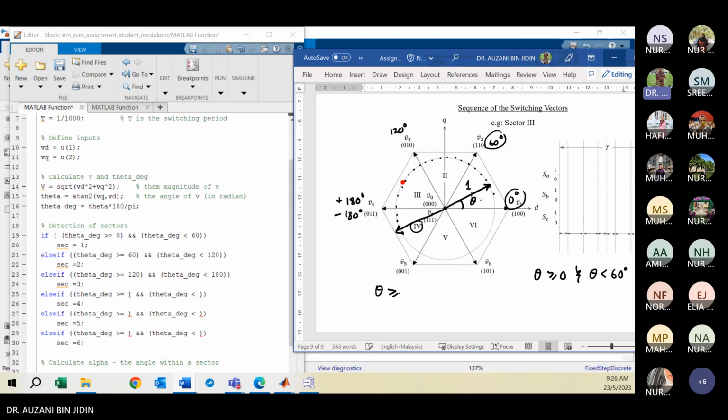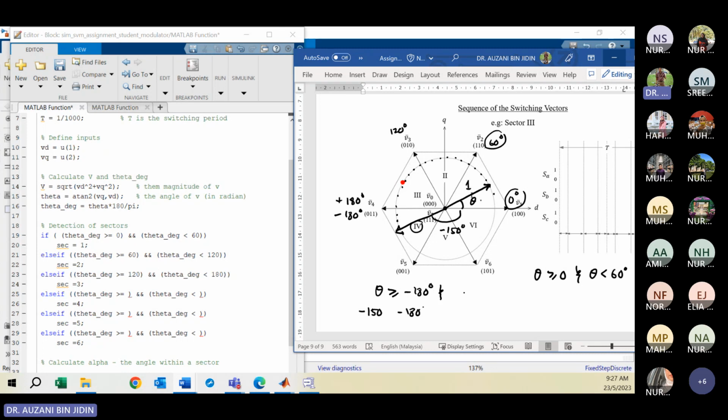Larger than, kan, minus 180 degrees. Which one will be larger, minus 150 or minus 180? So this case is minus 150. Betul? Negative 150. Larger or smaller than this? Should be larger, right? So mean ini first condition.